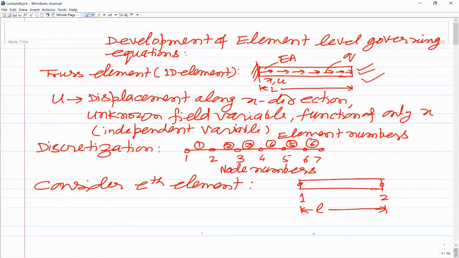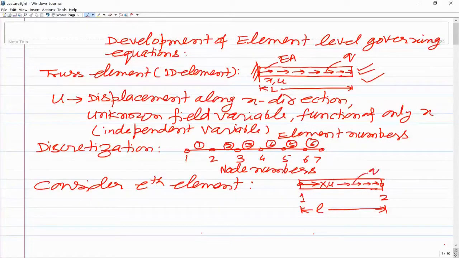If you look at the coordinate system, we take this as the local coordinate system, that is capital X. In this direction the displacement is u. X is a local coordinate system, and there is a distributed force, the same q, over part of this.